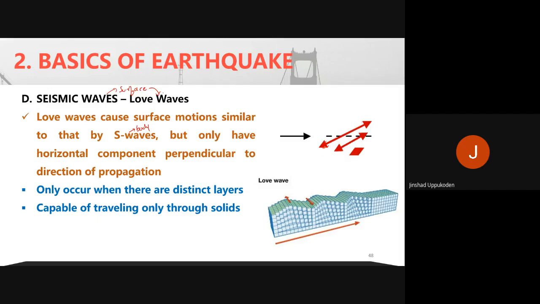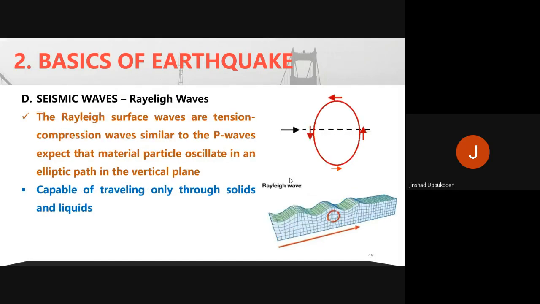So they move perpendicular to the direction of propagation, but only in the horizontal direction. You can see here, the wave propagation is in this direction, and they move like this. Here they can move only through solids.